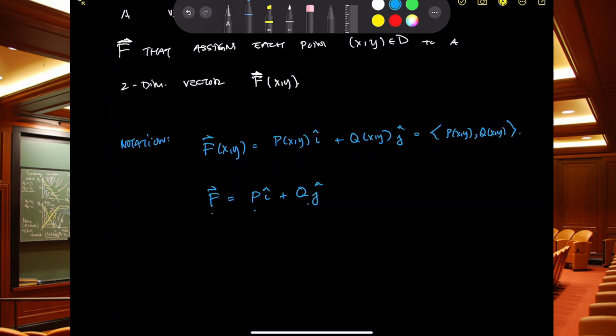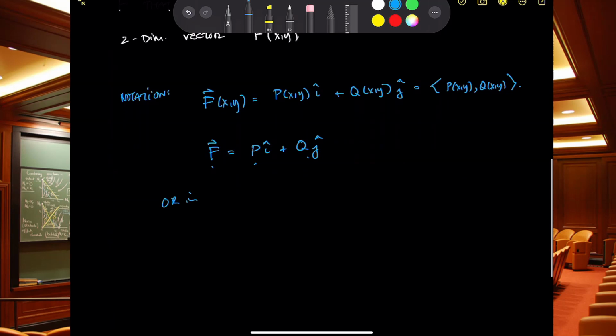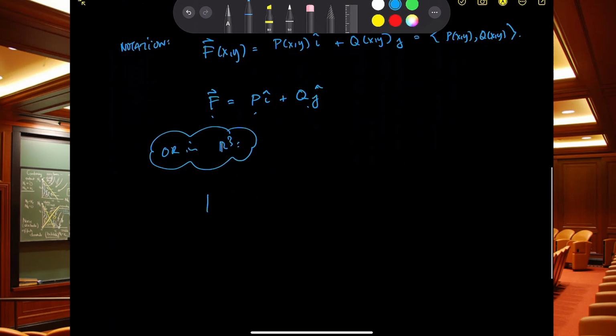And obviously when we scale up the dimensions, we want these to be three-dimensional, where they take in x, y, and z, or n-dimensional. So in R3, we can scale this up and say P i hat plus Q, which is a function of x, y, and z, j hat, plus R, which is a function of x, y, z, k hat.